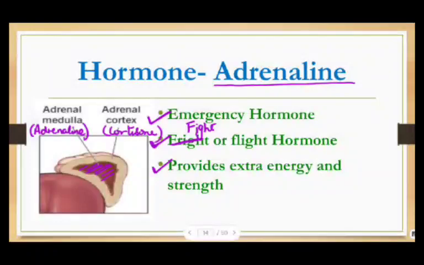Salt basically means all these ions. When you are unwell, you lose out on salts, the ions, the radicals that you need in your body for good functioning. So it regulates the salt and water balance in our body, and it also adapts the body to stress.